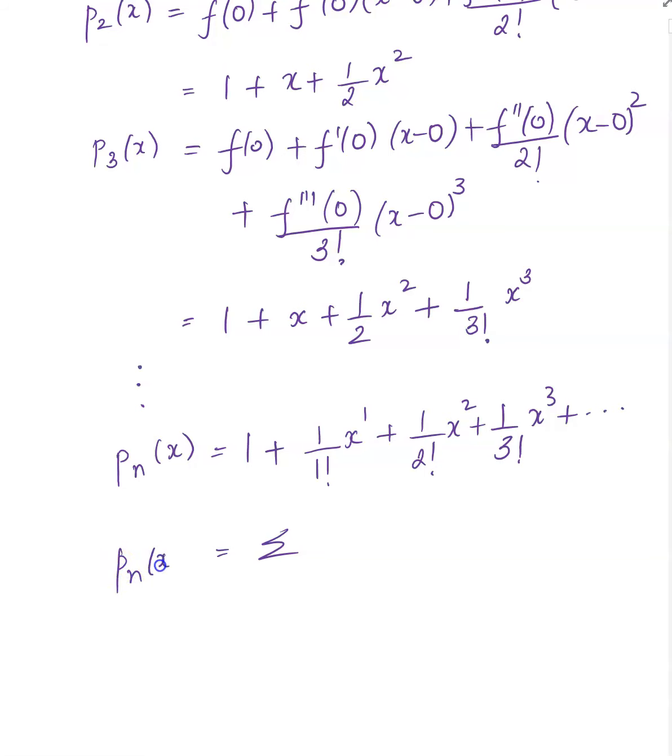Okay, Pn of x. Now it's a little tricky here. This is the nth Taylor polynomial, right? If it's the nth one, then we go all the way up to n, Pn. So you can't really range your n itself because it stops at n. We want to use a different variable.